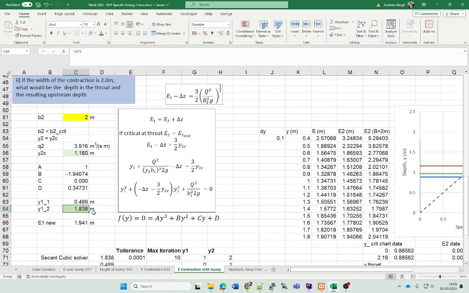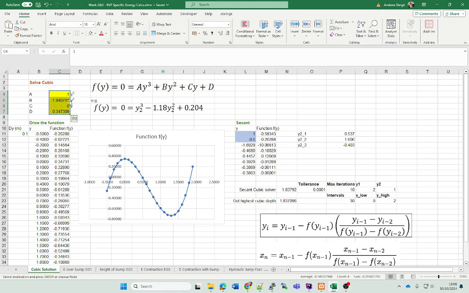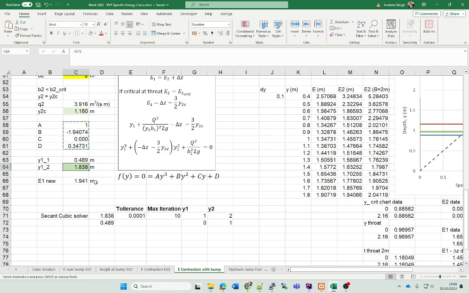It's gone up 34 centimetres, quite a high increase. Look at how this is the solution to that quadratic. Or you can put these formula in to the cubic solution. Let me paste that in. Okay, that's where the solutions are here, 0.5 and 0.83 we know. So increasing the bump increases the height upstream.